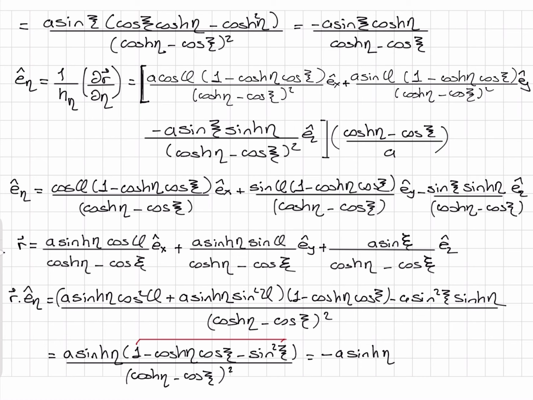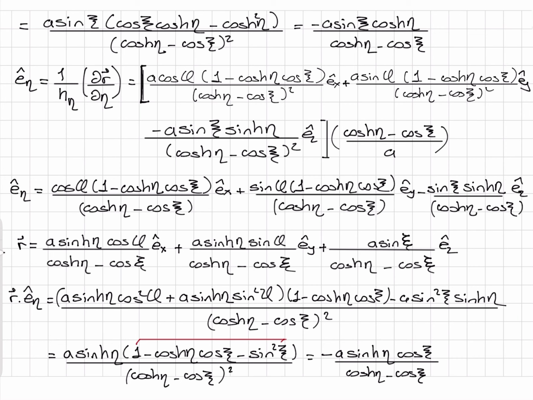I can write this in cosine psi parentheses, and you can see that if I do that, I will have cosine hyperbolic eta minus cosine psi as one of the terms. So this is going to give me a cancellation of one of the cosine hyperbolic eta minus cosine psi's.